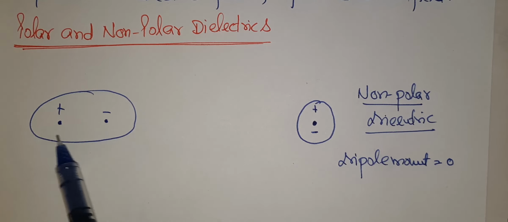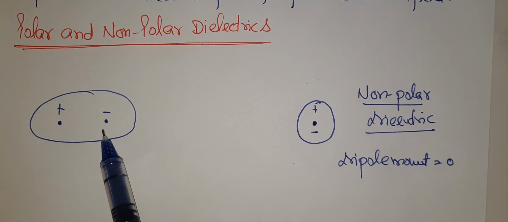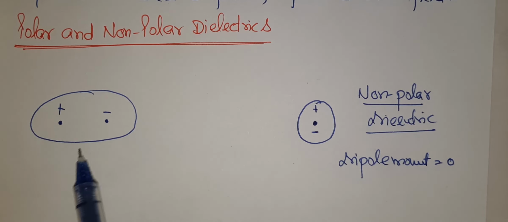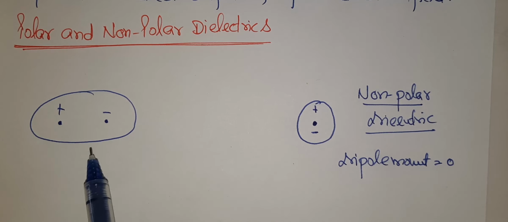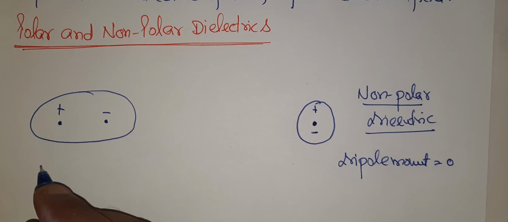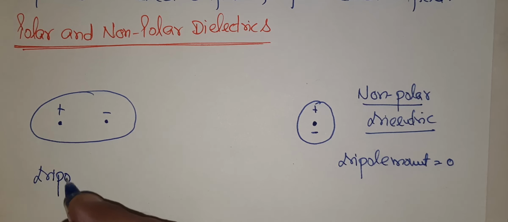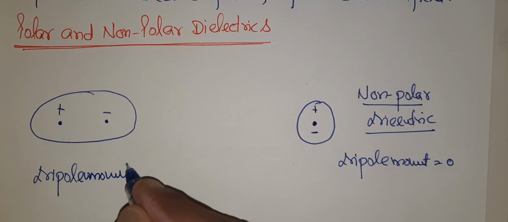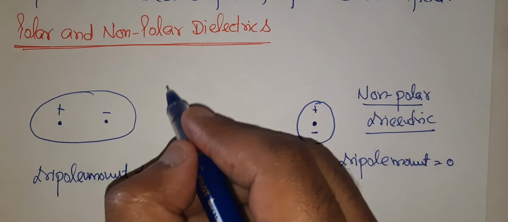Opposite charge densities are separated by some distance, है ना? तो charge multiplied by the separation amongst the opposite charge densities, है ना? This is making a dipole. So this will be having dipole moment. This system will be having a finite dipole moment, not equal to zero.